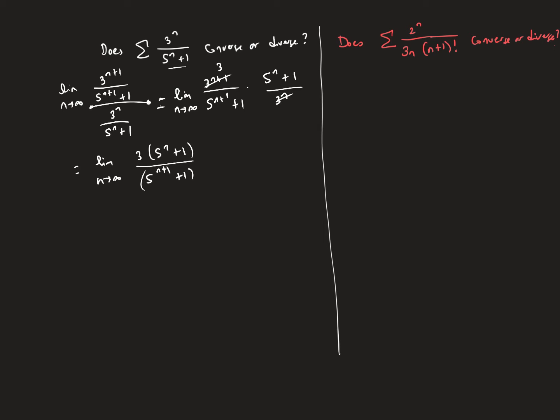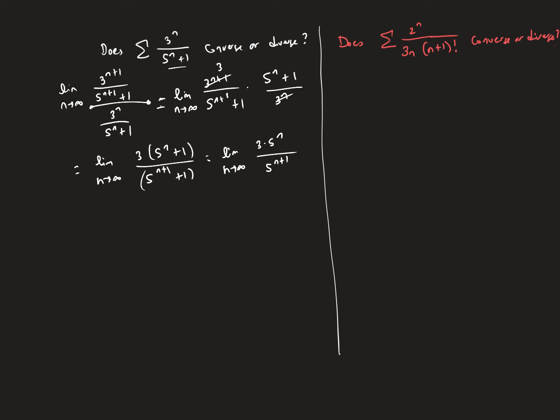Now, when I take my limit, highest degree terms will matter, right? Because we're doing basically an end behavior here. So the highest degree term I have on top would be that 5 to the n inside the parentheses, and that 3 on the outside is still going to be sitting there. And then on bottom, the highest degree term is that 5 to the n plus 1. It's going to outstrip whatever the plus 1 does by quite a bit.